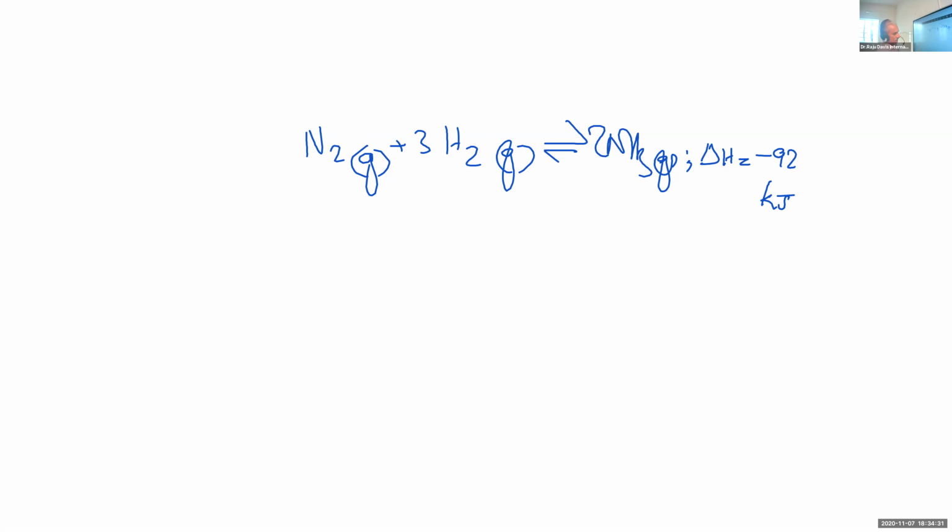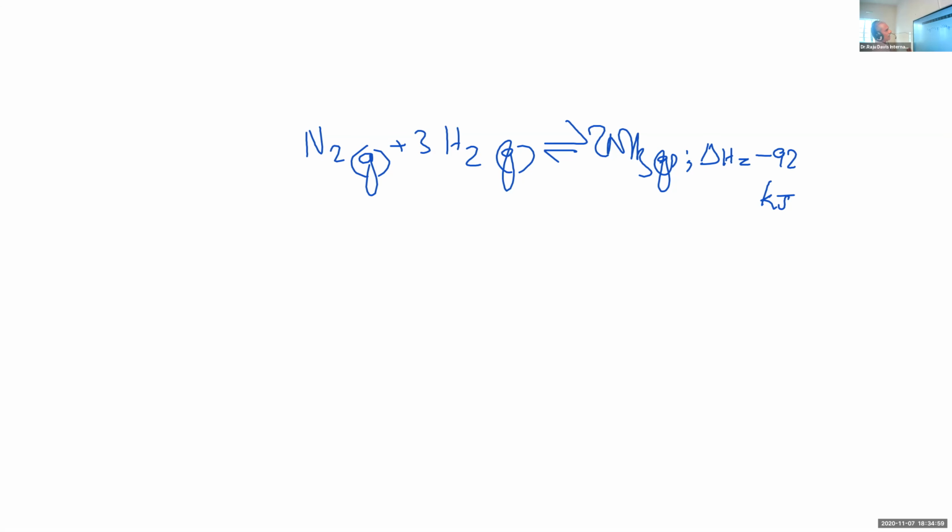The forward reaction is N2 plus 3H2 giving 2NH3, delta H is equal to minus 92 kilojoules.